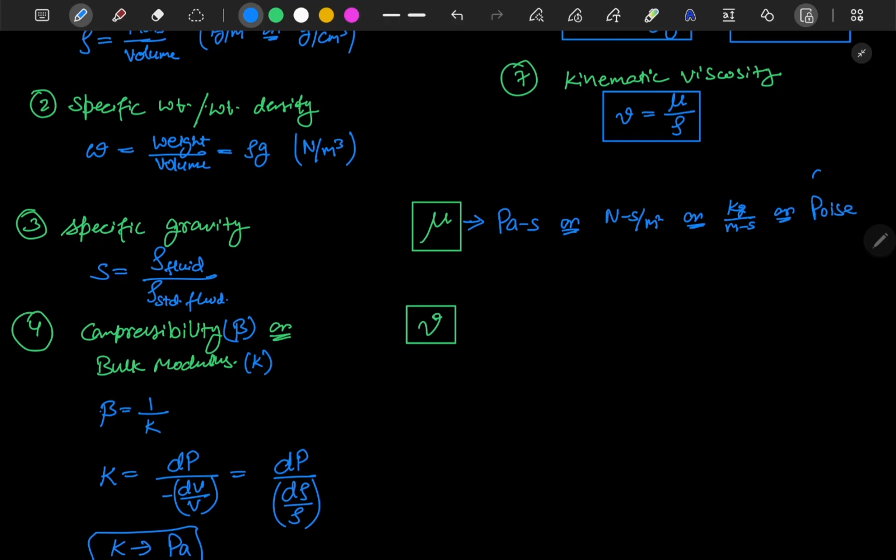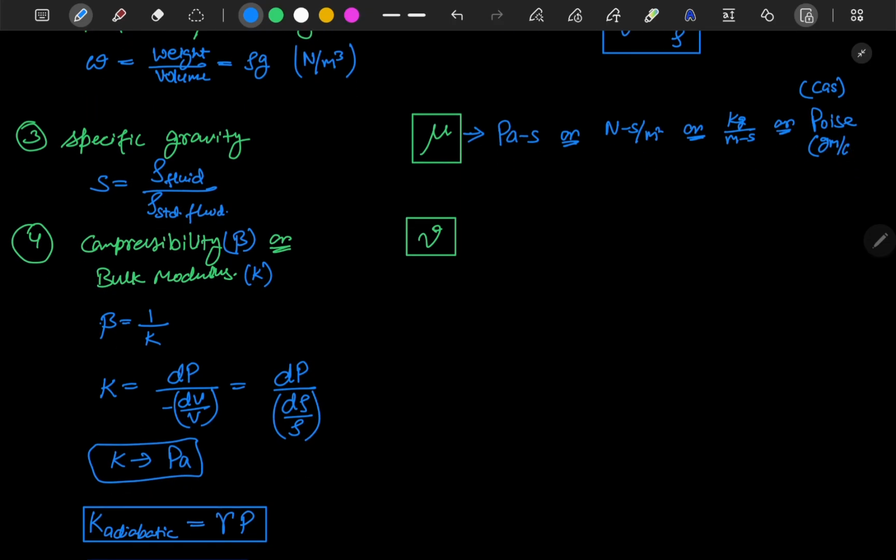This is your CGS unit, and poise is gram per centimeter second. In case of kinematic viscosity, we use meter square per second, or centimeter square per second, which is also written as Stokes.